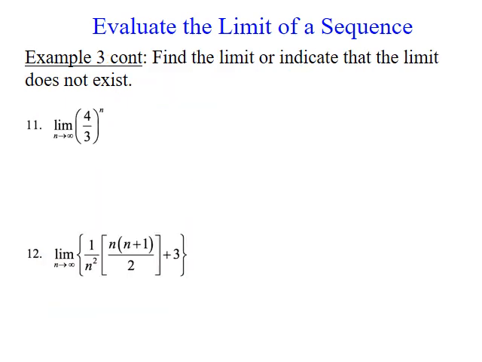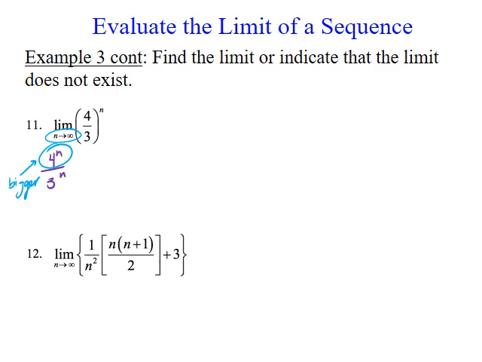More of the same thing. Let's look at the reciprocal of what we just had. So now I have 4 to the nth over 3 to the nth. Well, now the larger number is in the numerator. So now the numerator is bigger and increasing faster as n approaches infinity.